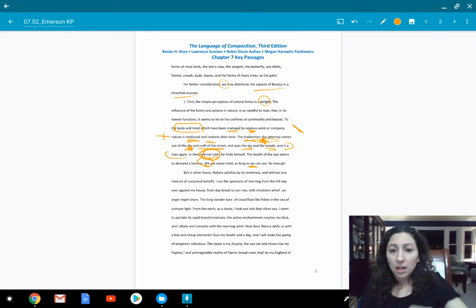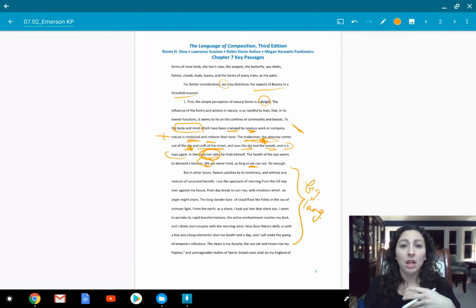This next paragraph is just rife with figurative language. He uses metaphor, simile, certainly imagery to try to convey nature's loveliness, almost in a poetic way, using a lot of the same devices you would find in a poem on nature.